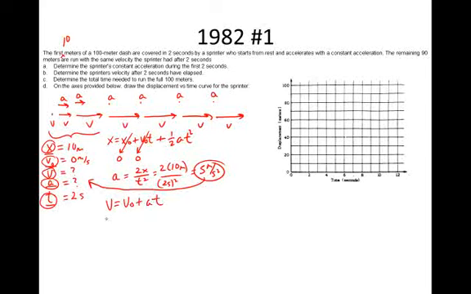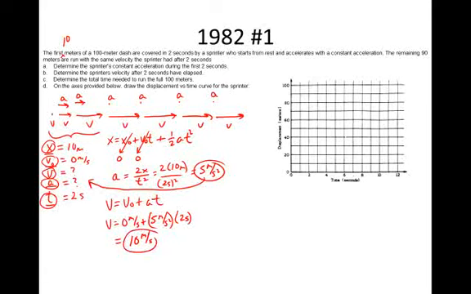Since we know the initial velocity is 0 meters per second, the acceleration is 5 meters per second squared, which we solved in the previous part, and the time is 2 seconds, the final velocity after those 10 meters will be 10 meters per second.